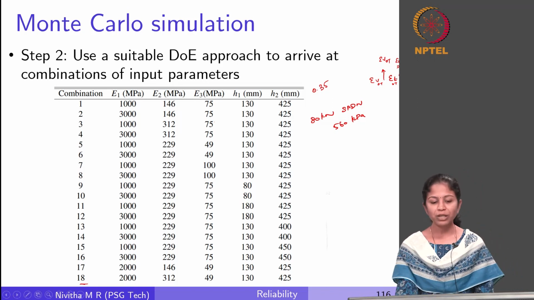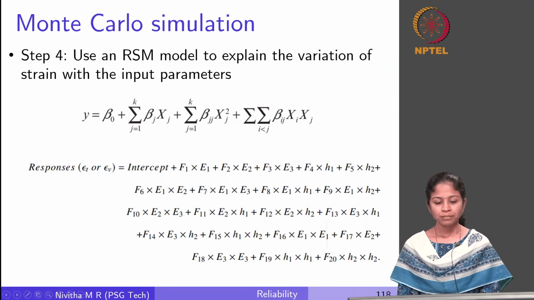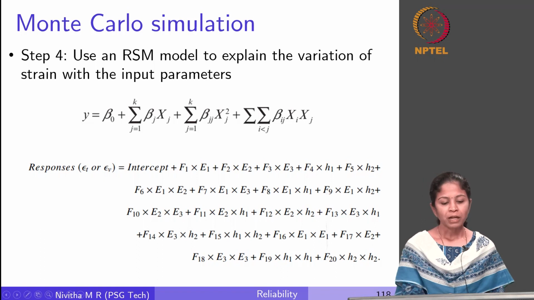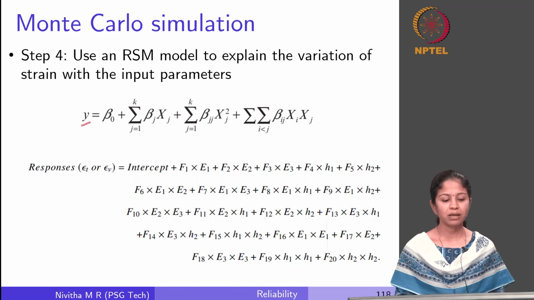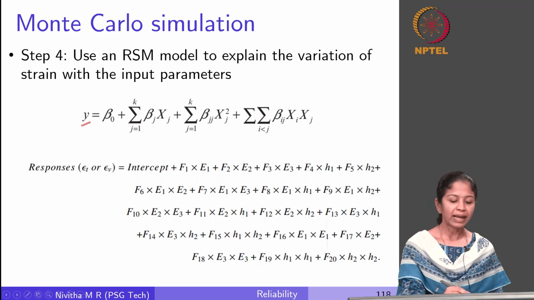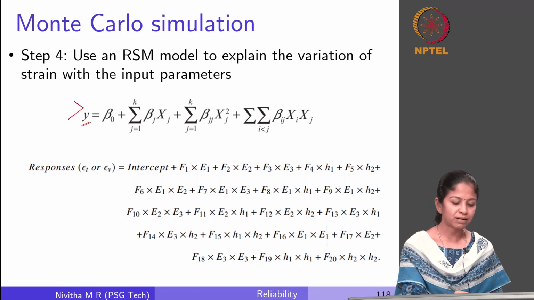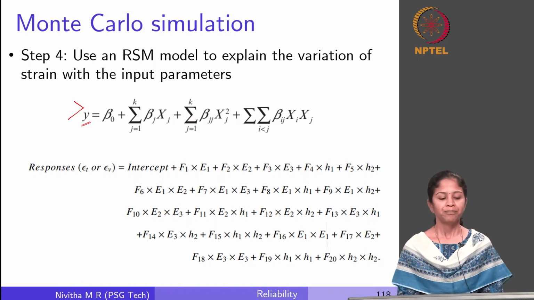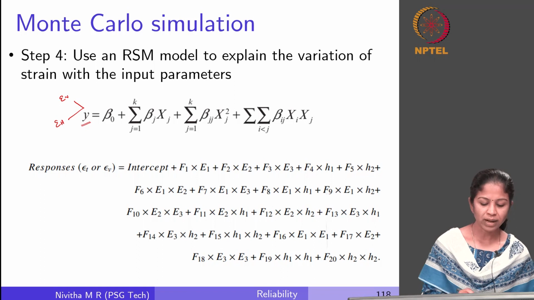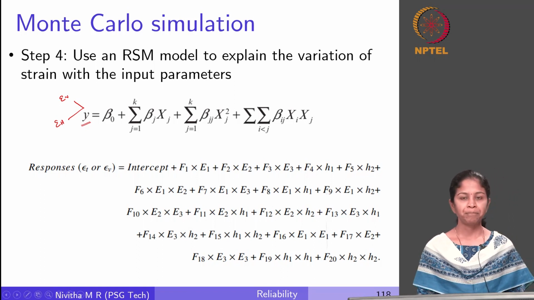Okay. So, now we will use a response surface methodology to explain the variation of strain with variation in all the input parameters. So, we can see here this is my y value which is the predicted strain. Again we can have, let us say that we have identified the critical strain and we have one equation for vertical compressive strain, one equation for horizontal tensile strain, right.